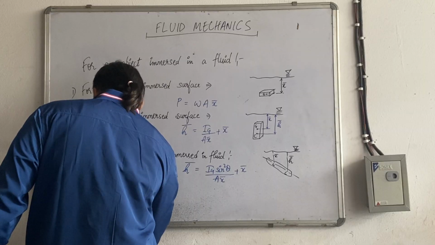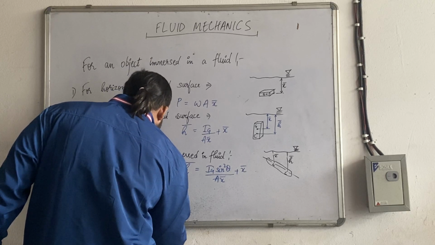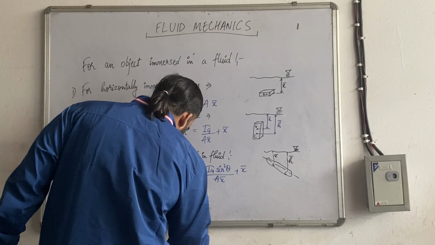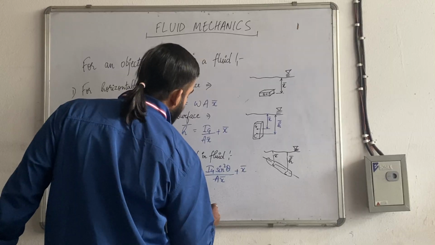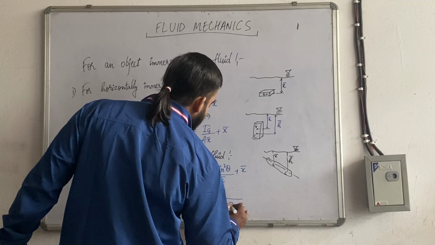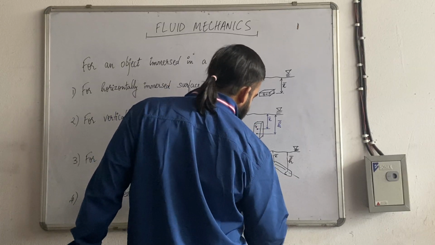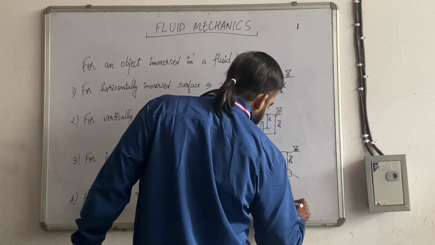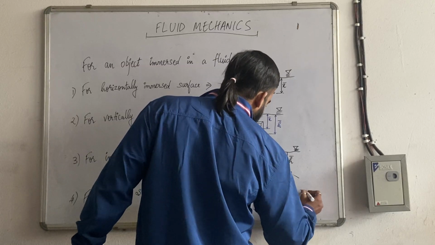For a curved surface immersed, total pressure value can be calculated as a resultant of horizontal pressure plus vertical pressure, and the angle at which this total pressure is acting can be calculated as theta is equal to tan inverse PV upon PH, which will be obtained from this expression.